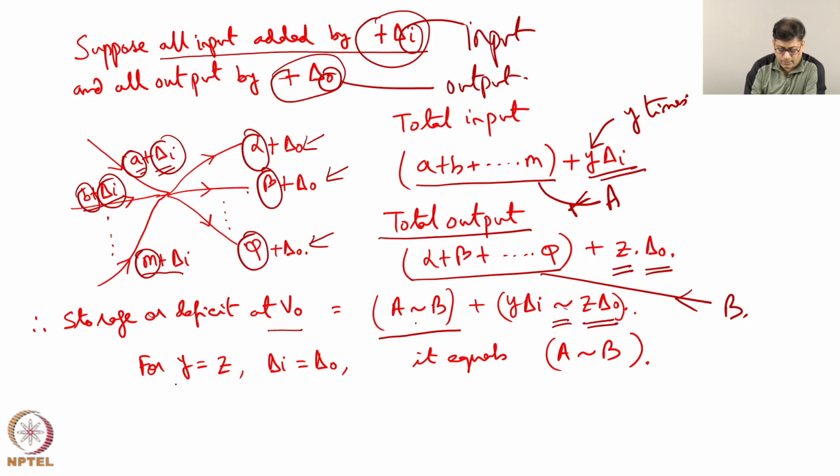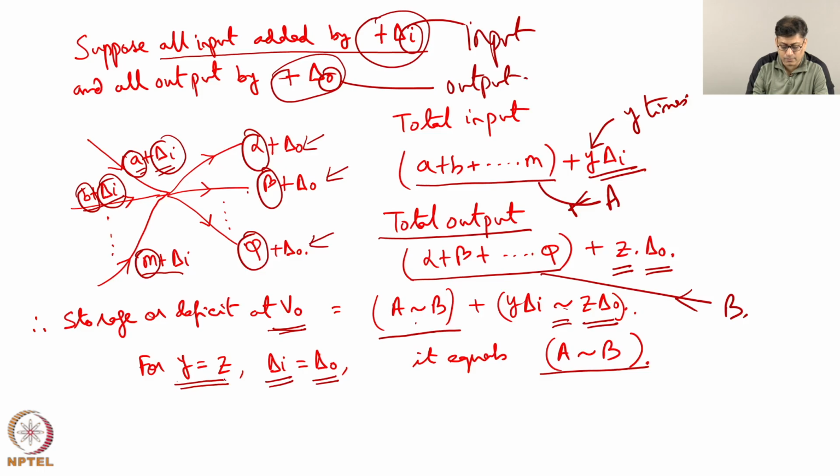Now note that if y is equal to z and if delta I is equal to delta 0, then it will equal to A bigger minus smaller, A this symbol and then B. So the storage or deficit at V0 will remain the same as our first case.